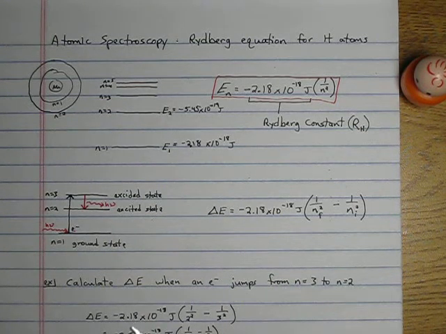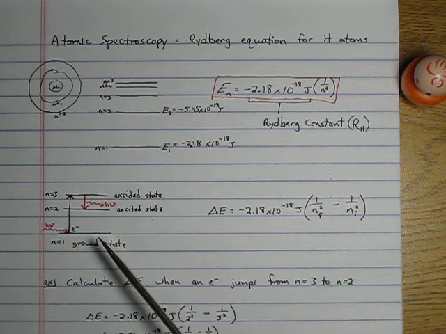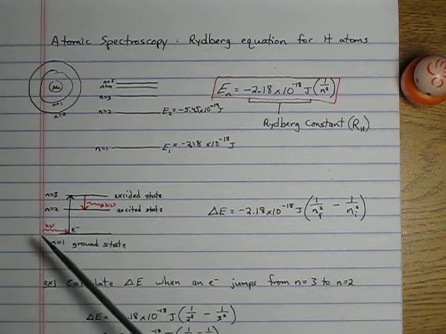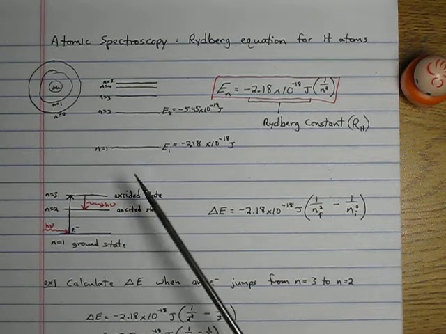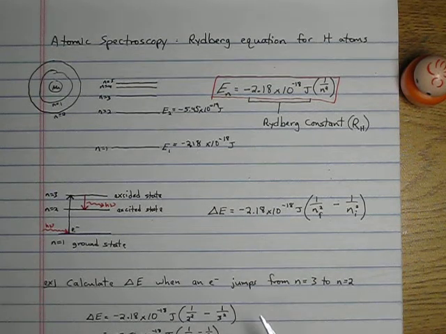Now, what happens when you have an electron in these energy levels? What happens if you have an electron in the n equals 1, the ground state, the lowest energy state? If you shine light on that electron, the exact right wavelength of light, you can get the electron to, say, jump up to the n equals 2 excited state.